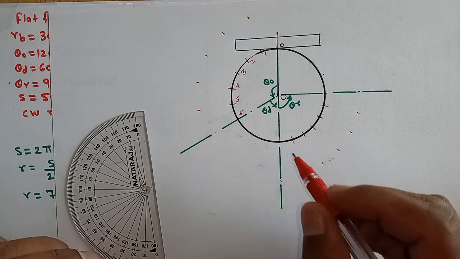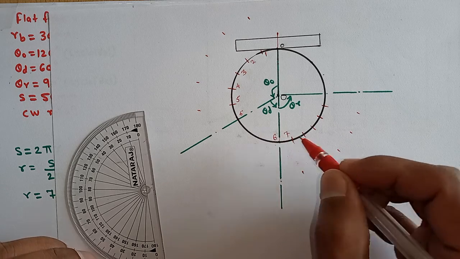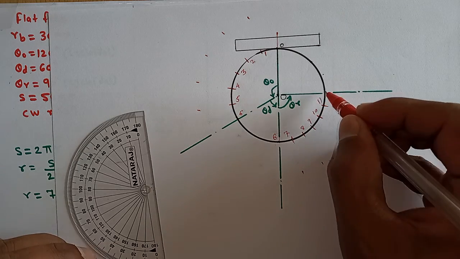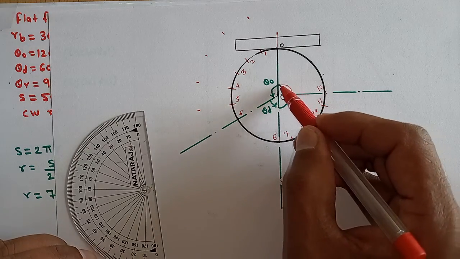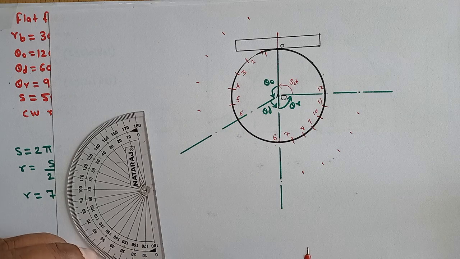We'll number these divisions. This is 6, end of 12, 7, 8, 9, 10, 11 and last one is 12. And this is the remaining dwell period at the lowermost position.